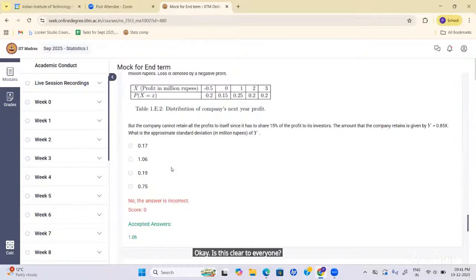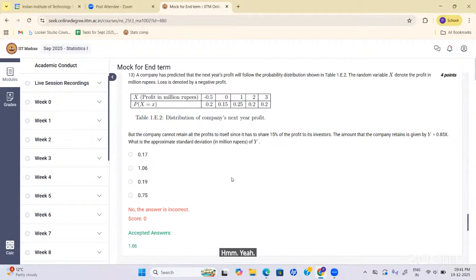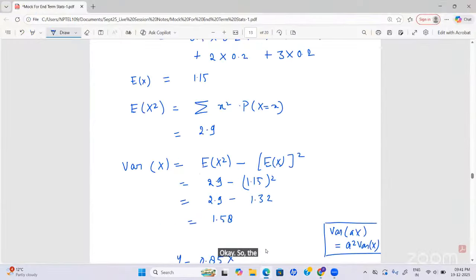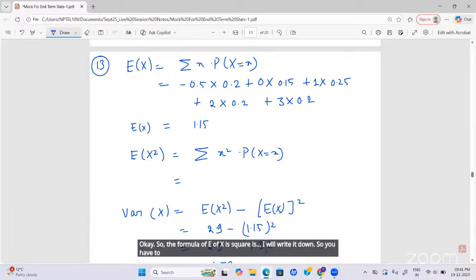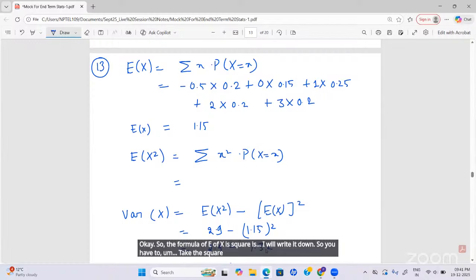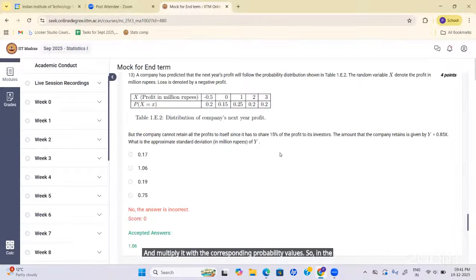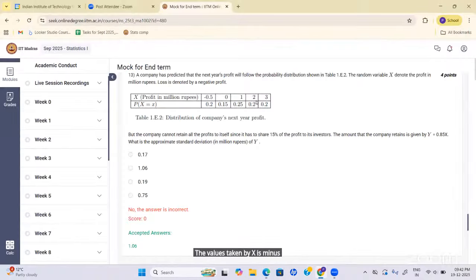Ma'am, I have a doubt. How to find E of x square, ma'am? Okay, so the formula of E of x square is, I will write it down. You have to take the square of x values and multiply it with the corresponding probability values. In the table, you can see the values taken by x are minus 0.5, 0, 1, 2, and 3.